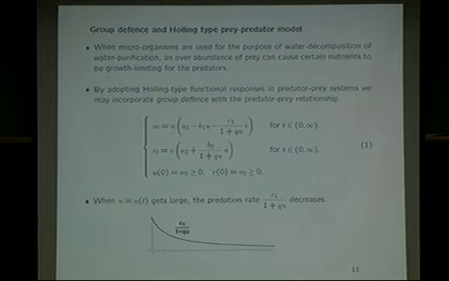We put in this term of response, the response function or predation rate. If you put in this predation rate, when you increase the u population, the population of prey, that causes the predation rate to decrease. That depicts the case of group defense.